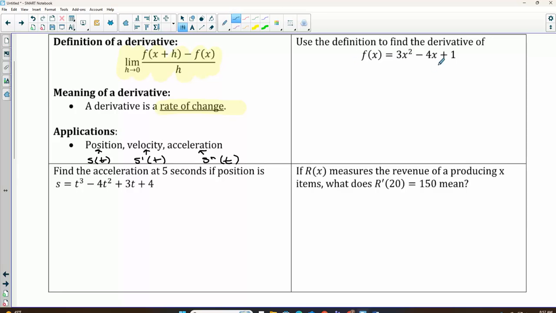All right, so let's do a few problems. If I ask you to use the definition to find this derivative, you have to write the limit, h approaches 0. F of x plus h means you go to this equation, you replace every x with x plus h. Minus f of x is the original.